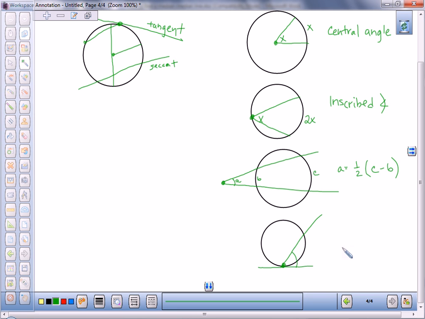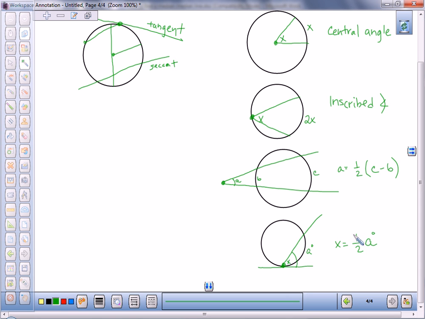That angle's half of it. You can still think of it in terms of this: just this is your outside, and your inside is 0.